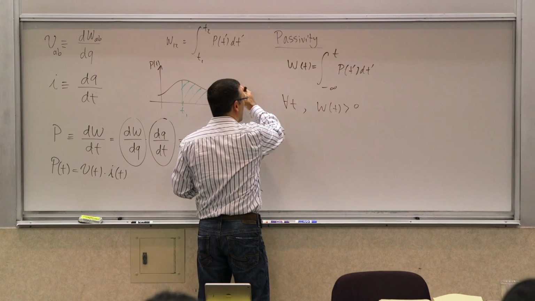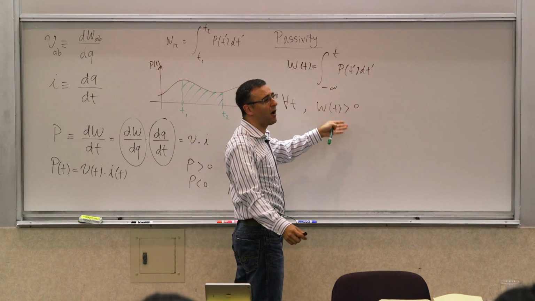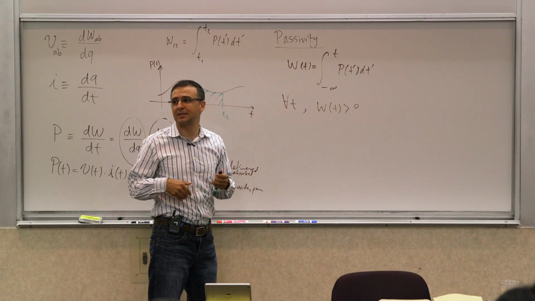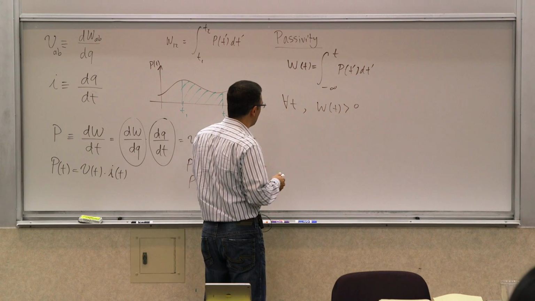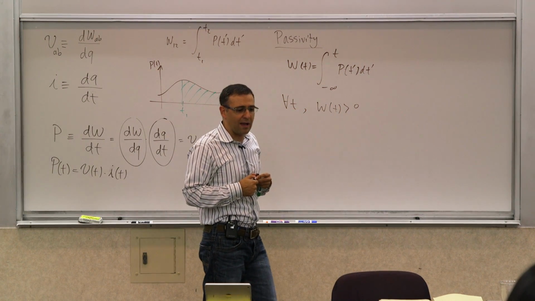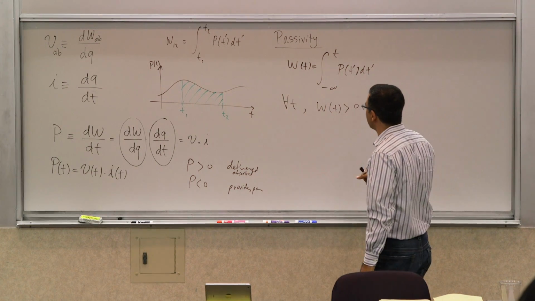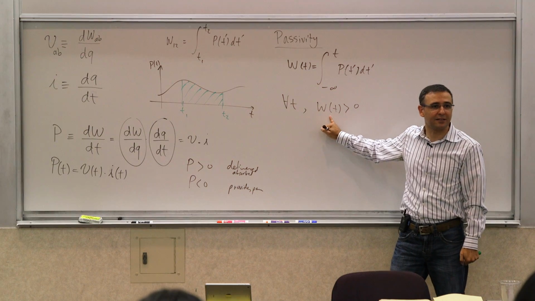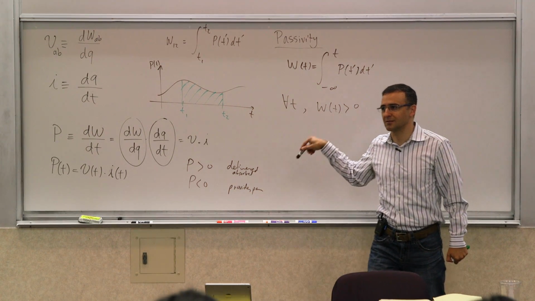But the sum of all the energy that it has provided from negative infinity to now can never exceed that. The work is positive, meaning that it has always absorbed energy. When it's positive, it means that it's absorbing. And by definition, of course, something is active if there exists at least a single time where this is negative. So I can write it mathematically as: there exists a time, etc., right?